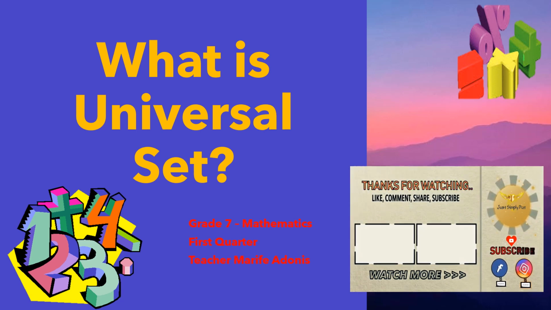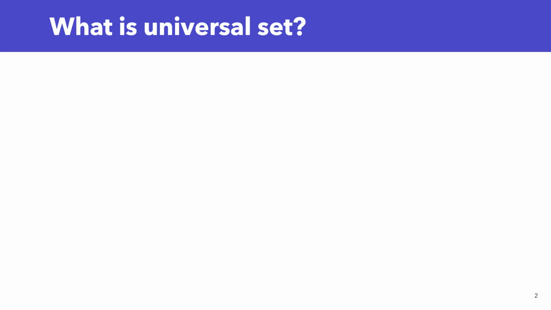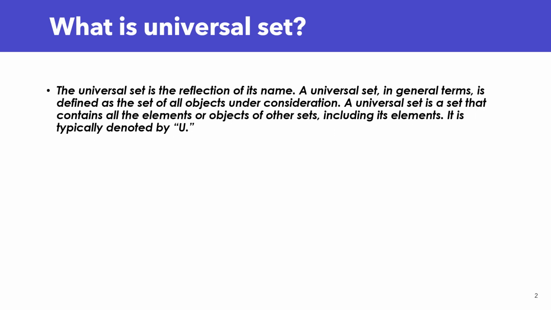What is a universal set? Okay. So this is for grade 7 mathematics, first quarter. Okay, what is a universal set? A universal set is the reflection of its name.